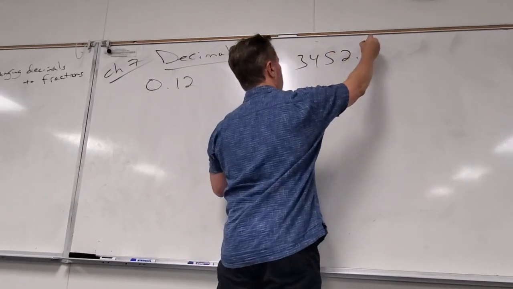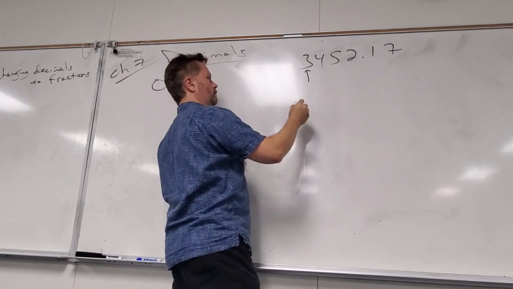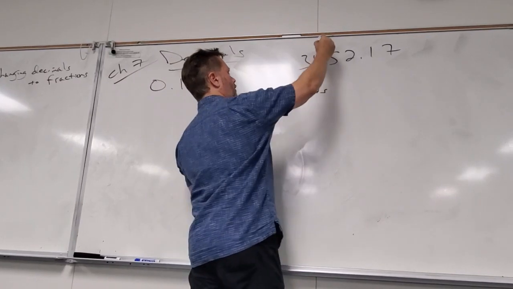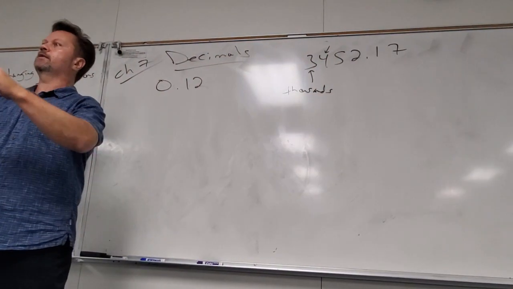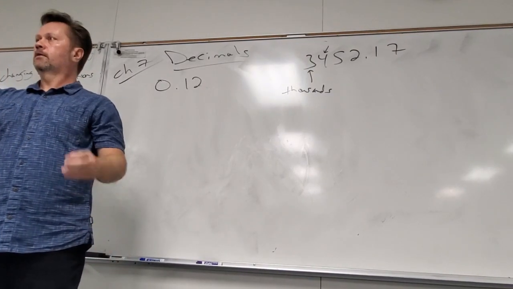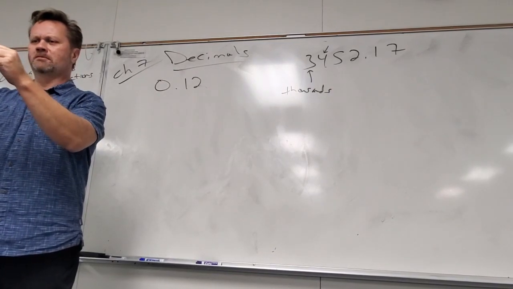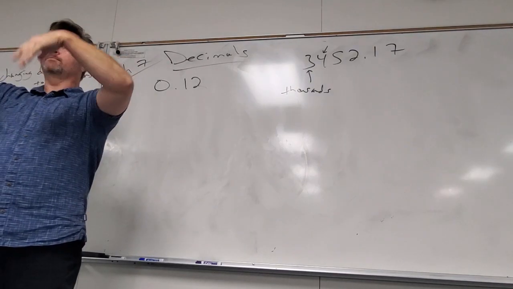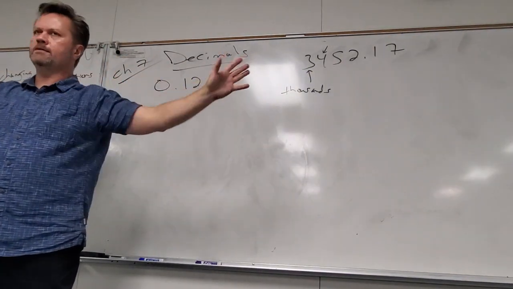What place is this? Thousands. Right? And then what place is this, of course? Hundreds. What did it do to 1,000 to get to the next place? Divided by 10. And it makes sense. Our number system is based on 10. There we go. And so every place is going to represent another multiple of 10, right? We've talked about that back when we did Babylonian and all that kind of business.